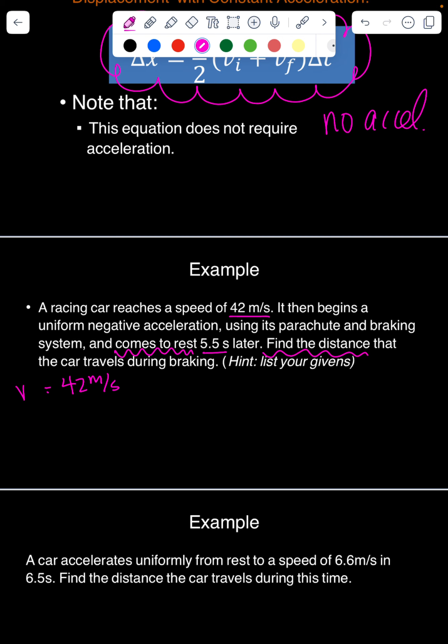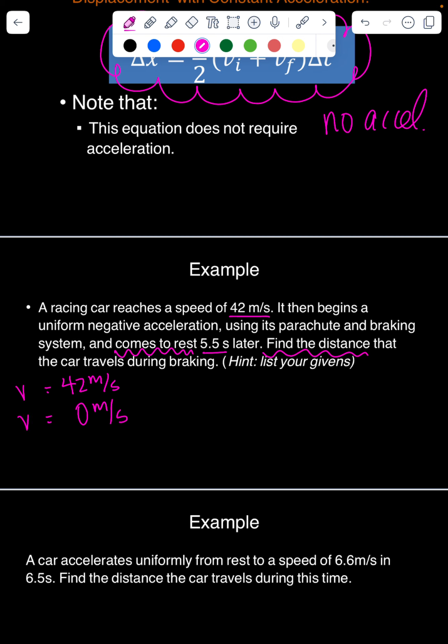If we are coming to rest or if we start from rest, that is one of our givens. We know that the velocity of something at rest is 0 meters per second. So that's going to be another velocity.